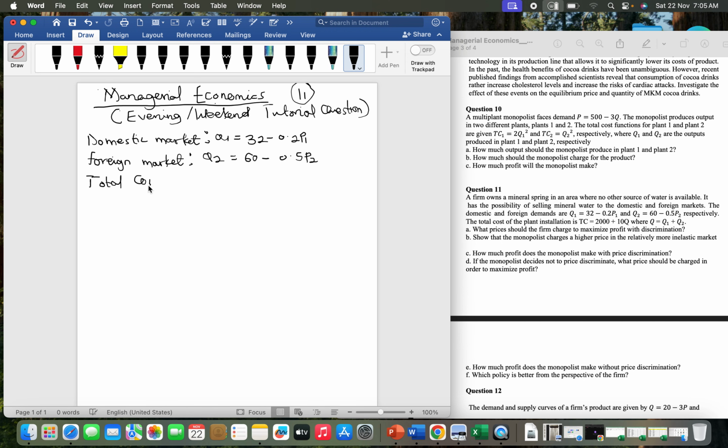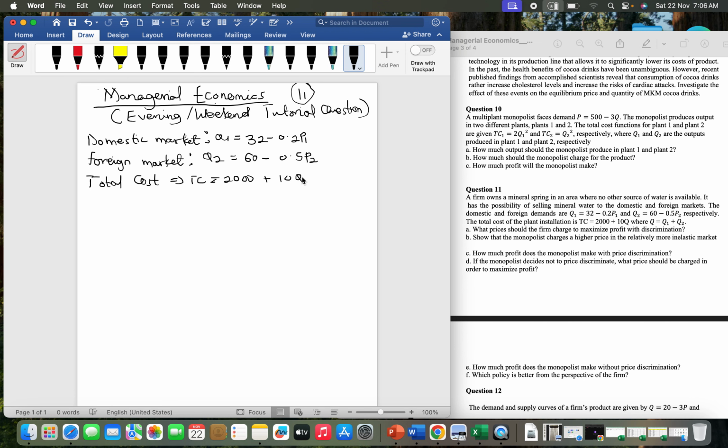Total cost in the question. We're given TC is equal to 2000 plus 10 K. So this was our total cost.